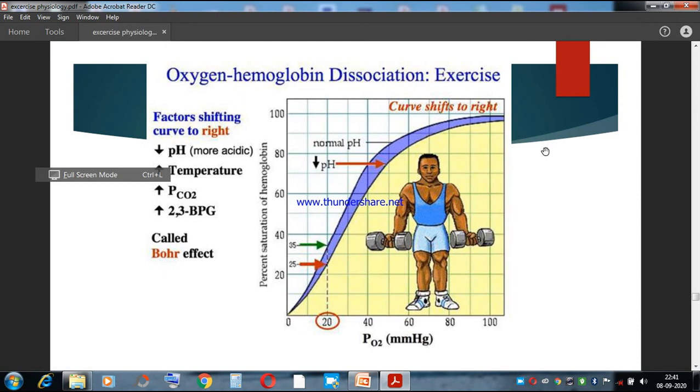So this transport of oxygen at the tissue level, we can study by the effect known as the Bohr effect. So whatever factor is shifting the curve towards the right, there is an unloading of the oxygen to the tissues or the muscles. This is the Bohr effect.